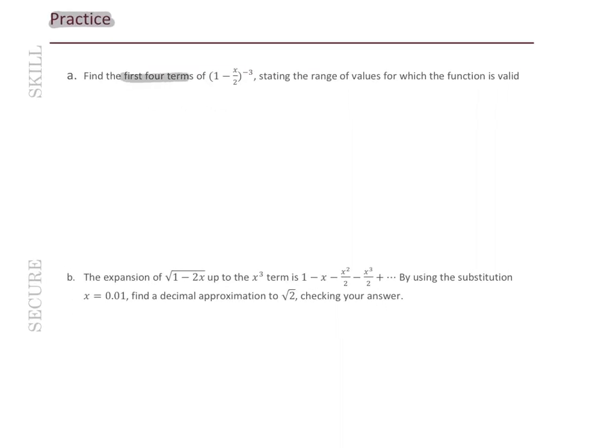Okay, first 4 terms of this, I've got a 1, good, stating the range of values for which the function is valid. So I've got a 1, that's fine. So 1 plus n x plus n minus 1.